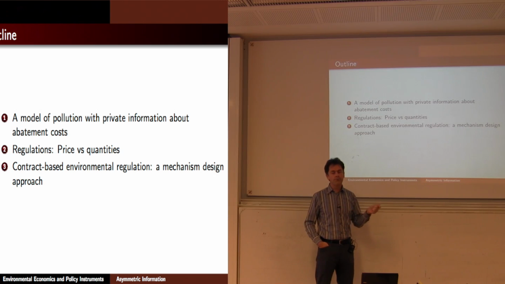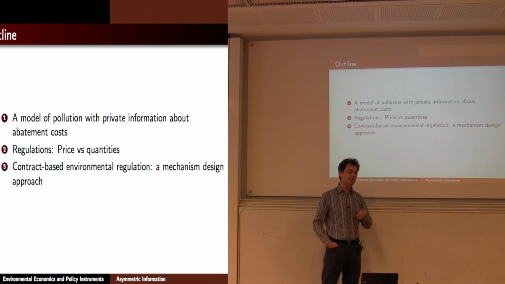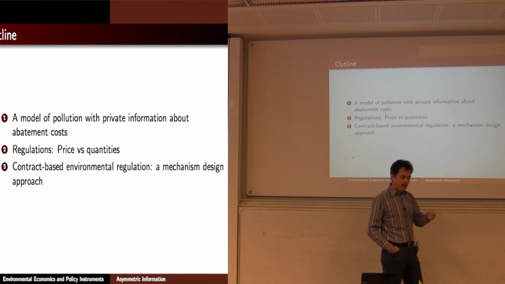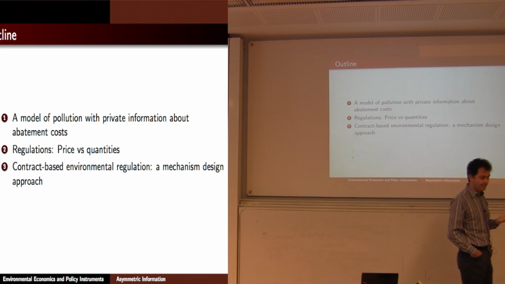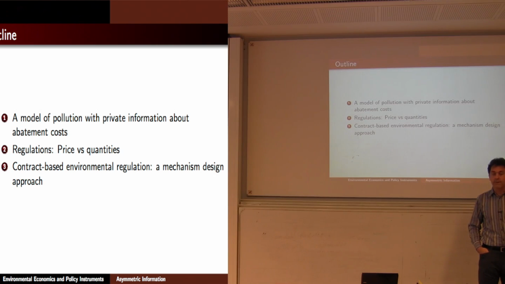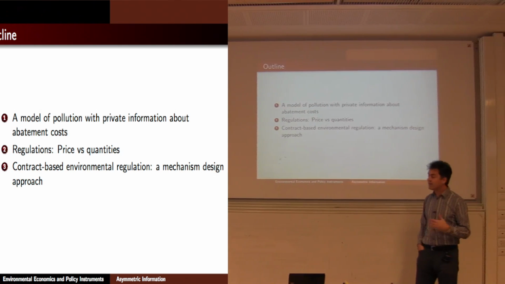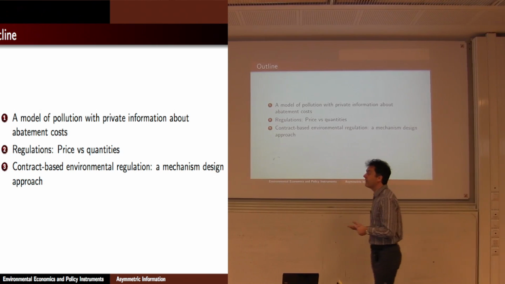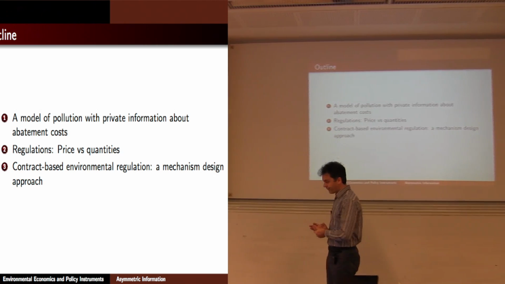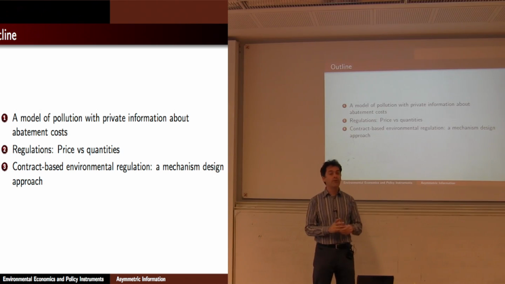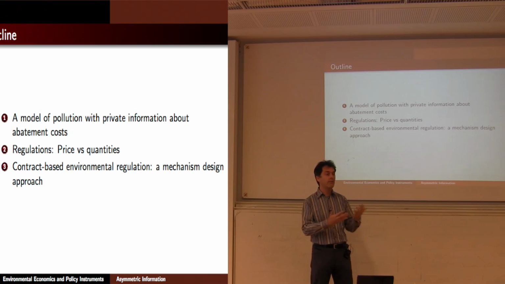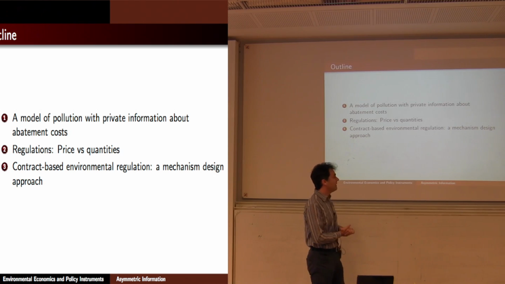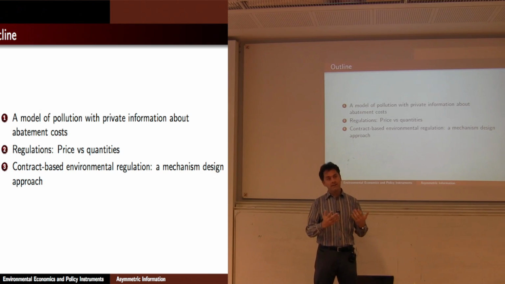So we'll go through all these standard techniques that try to figure out how to design the best instrument, given that first, the firms are free to accept or not the regulation, and second, the regulations must be such that firms select the regulation, that is the tax fee and the subsidy, or the abatement level, that fits with its own cost.